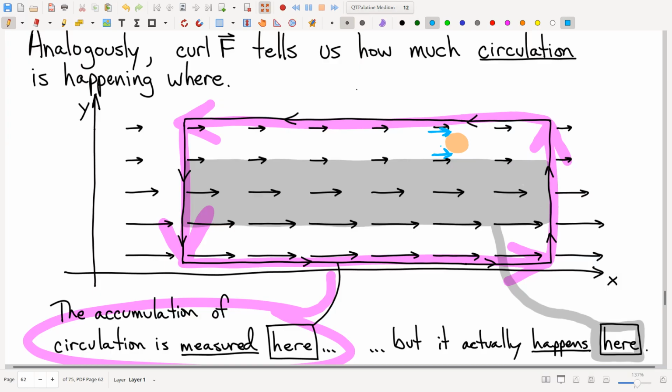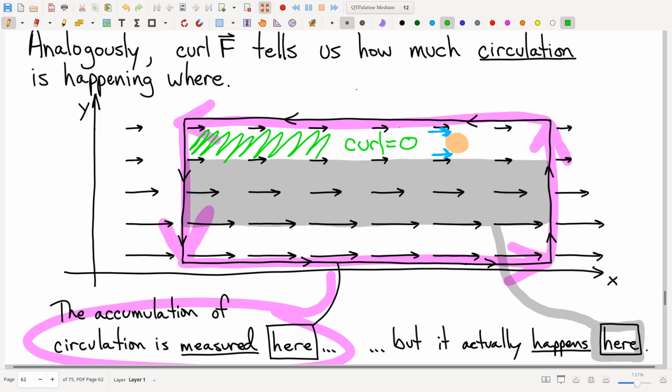Does that seem reasonable? Okay, so now if you were to compute the curl anywhere in this region here, in this upper part, that white background, you would get 0.